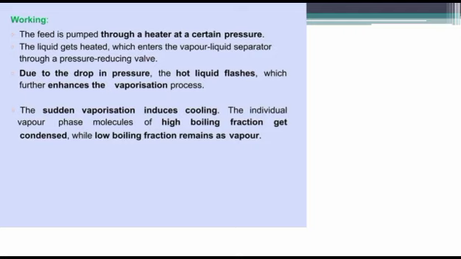Working: the feed is pumped through a heater at a certain pressure. The liquid gets heated and enters the vapor-liquid separator through a pressure reducing valve. Due to the drop in pressure, the hot liquid flashes, which further enhances the vaporization process. The sudden vaporization induces cooling. Individual vapor phase molecules of the high boiling fraction get condensed and the low boiling fraction remains vapor.